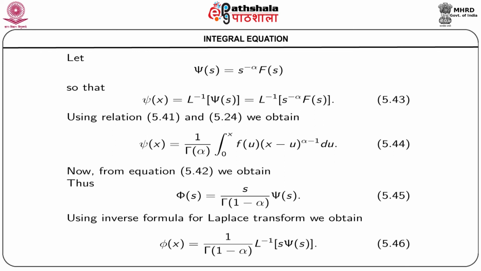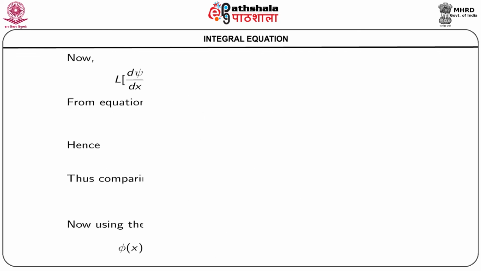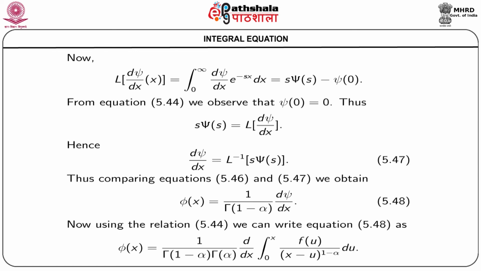We see from 5.44 that at x equal to 0, psi 0 is 0. So that s capital psi s is the Laplace transform of d psi dx. Hence, d psi dx is the Laplace inverse of s capital psi s.